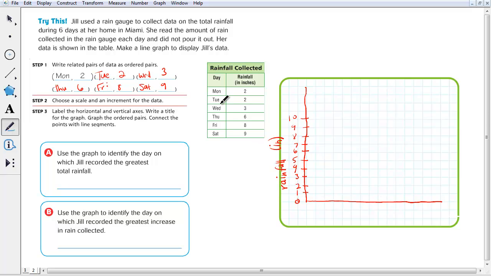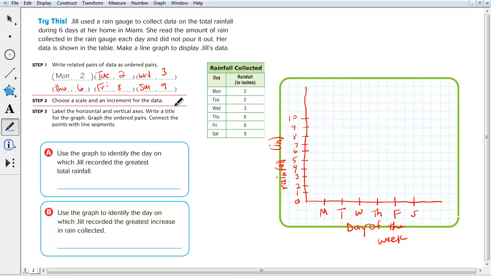It looks like my horizontal axis is just going to have the days of the week, Monday through Saturday. So here I'll do Monday, Tuesday, Wednesday, Thursday, Friday, Saturday. And I need to label that axis as well by writing day of the week.